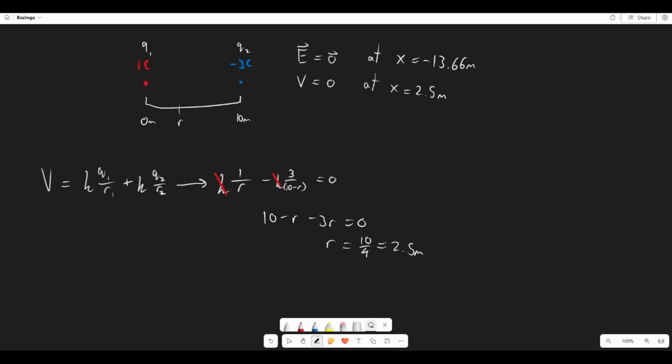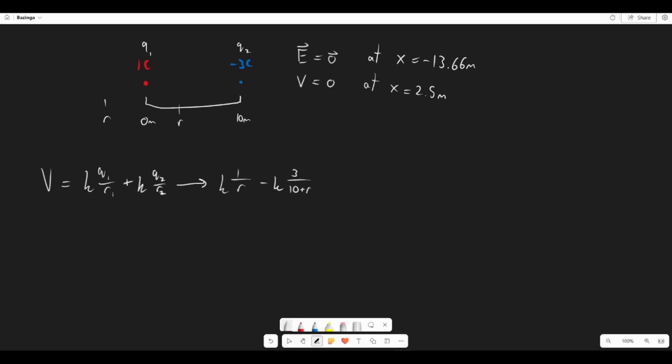Now, just for good measure, let's check out the cases in which r is not right here. Let's try if r is over here. Again, we'll have k times 1 by r, which will remain unchanged. But now we'll also have minus k into 3 by 10 plus r, because here we're considering r as the positive distance from 0.